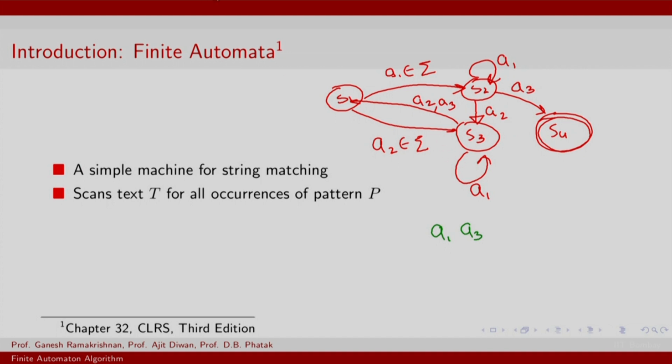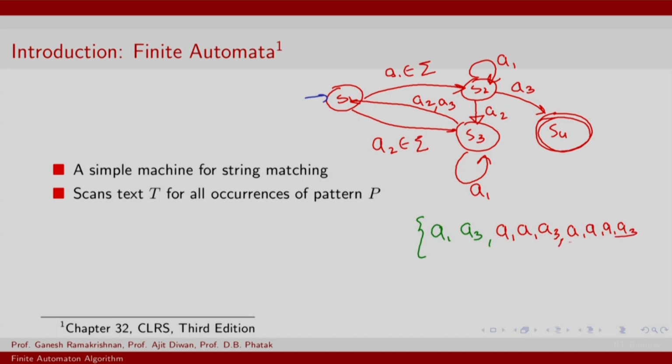So now we can complete the set of strings that this automaton will accept. It accepts A1, A3, and I am assuming here that I am beginning with state S1. It also accepts A1, A1, A3 and A1, A1, A1, A3.